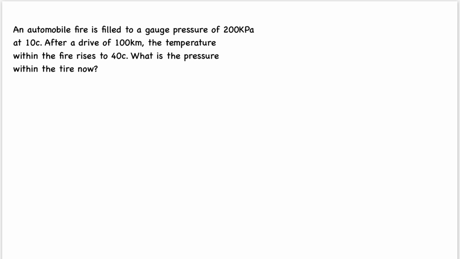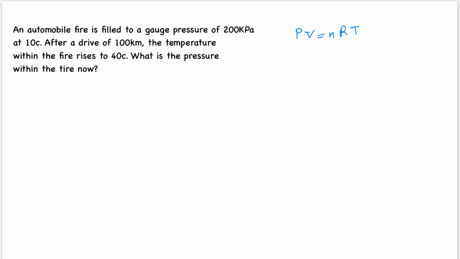Okay, this is the last example that we're going to solve, but before solving it, I want to talk about a fact. Actually, it is easy to know that our formula for the ideal gas is PV equals nRT.